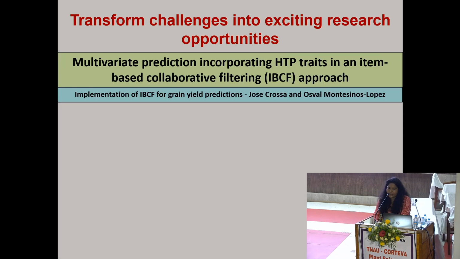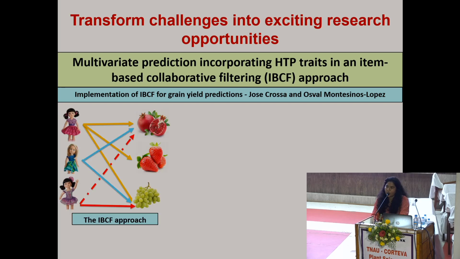So a team at CIMMYT, led by Dr. Jose Crossa, is trying out a lot of different, new models for using all these high-throughput data points, because the number of data points is huge. One of the approaches that they use is the item-based collaborative filtering approach. If you go to websites like Amazon or Flipkart, you visit the website once, and after some time you get some images asking if you would like to purchase an item.